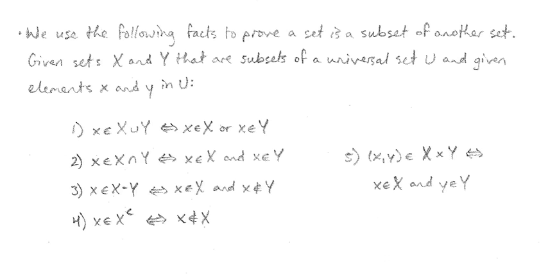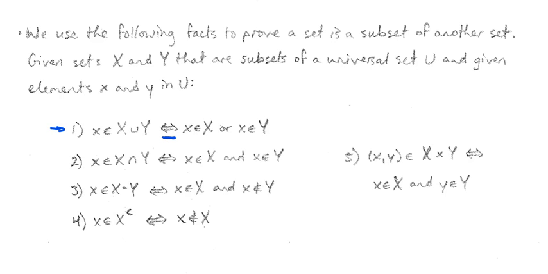So we have two given sets, capital X and capital Y. These are subsets of some universal set, capital U. And then we have two elements, little x and little y, in this universal set U. Number one, to say that little x is in capital X union capital Y, by definition, little x is in capital X or little x is in capital Y. Notice the thick double arrow, that is if and only if.